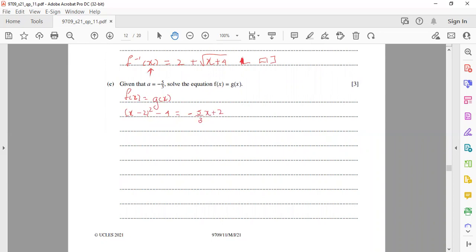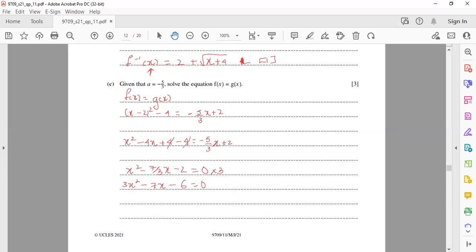Let's expand. So x squared minus 4x plus 4 minus 4 is equal to minus 5 over 3 x plus 2. The 4s cancel out. We simplify, so we have x squared minus 7 upon 3 x minus 2 is equal to 0. We can multiply by 3, so we have 3x squared minus 7x minus 6 is equal to 0.